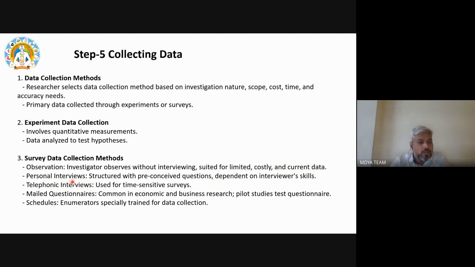Personal interviews are structured with preconceived questions, already set, and depend on the interviewer's skills. Then telephonic interviews, mail questionnaires, and schedules. So these are the survey data collection methods.